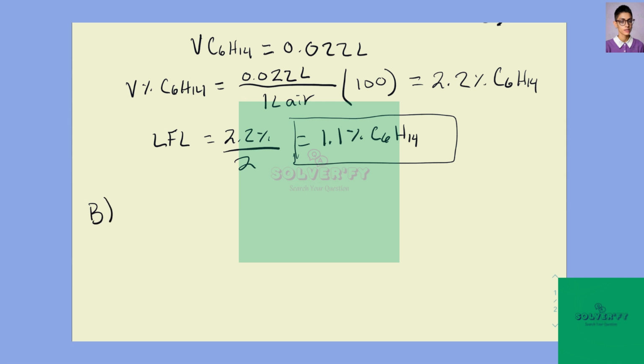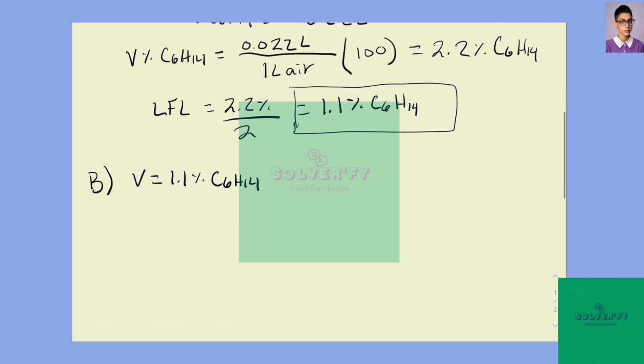For part B of this question, it is wanting us to find the volume in milliliters required to produce a flammable mixture at standard temperature and pressure. So we're going to take our 1.1% hexane, and let's turn this into liters instead of a percent.